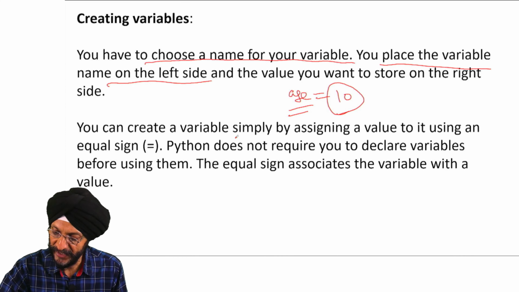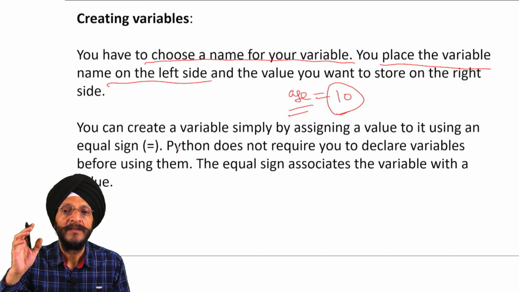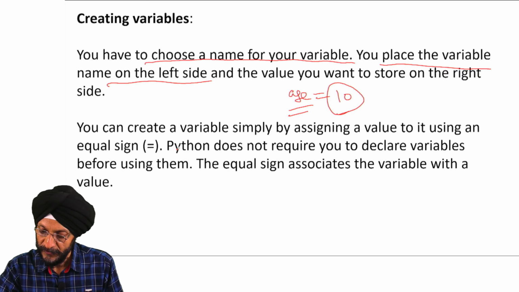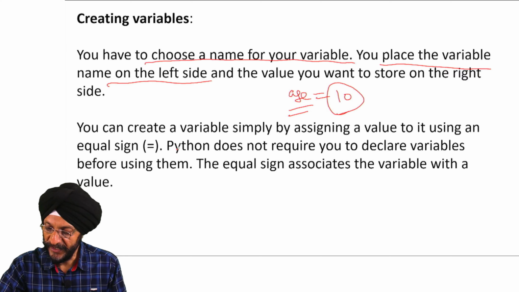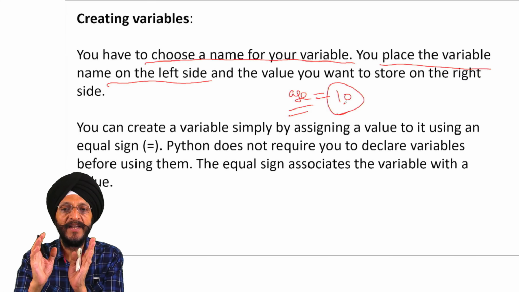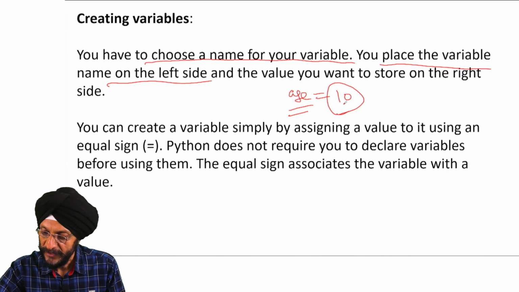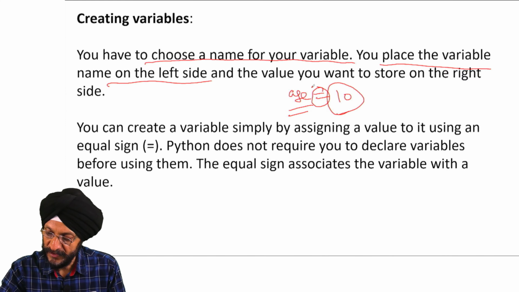You can create a variable simply by assigning a value to it using an equal sign. Here we have assigned the value of 10 and between the variable name and the value we have put this equal sign.